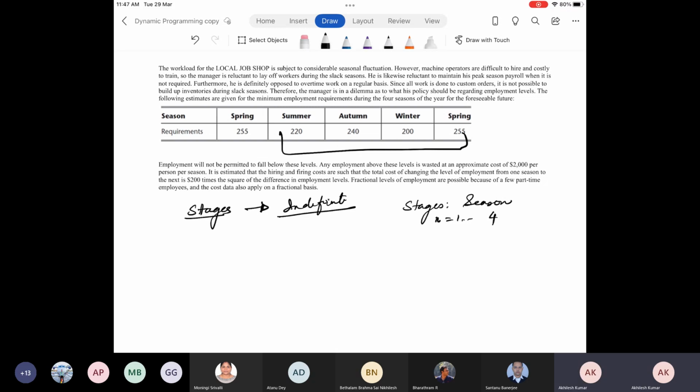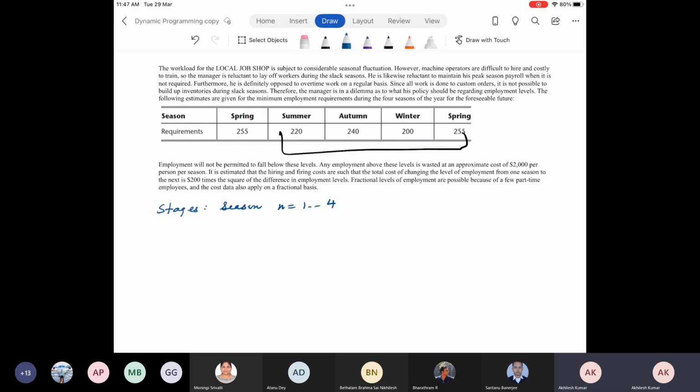So I have defined, let me write it a little neater. My stages are seasons, n equals 1 to 4.